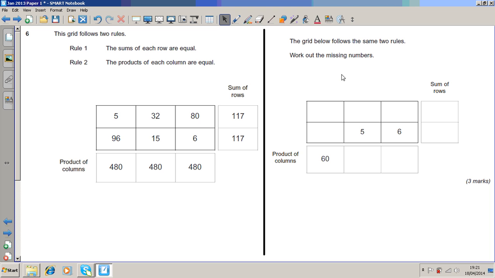The grid below follows the same rules. Work out the missing numbers. That's quite tricky.